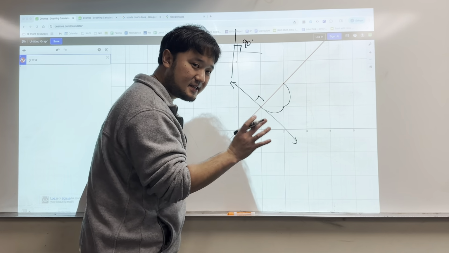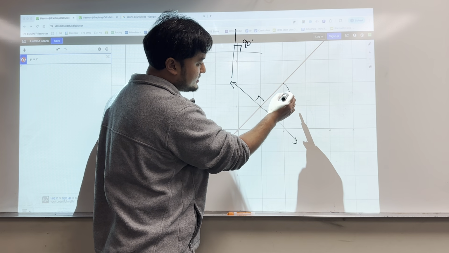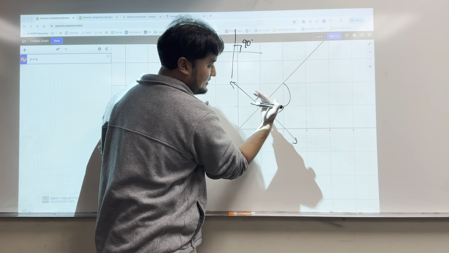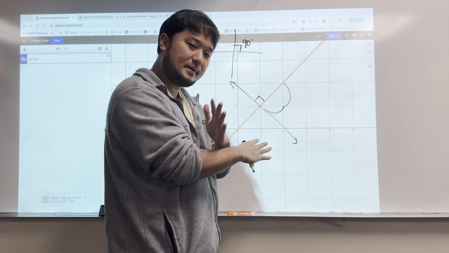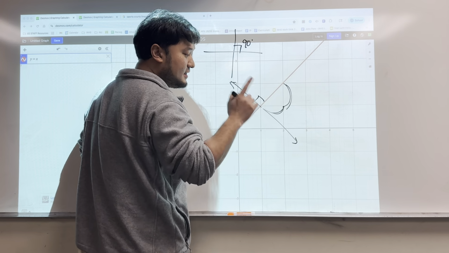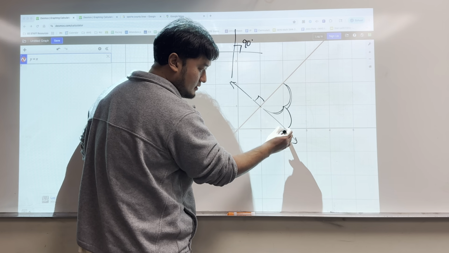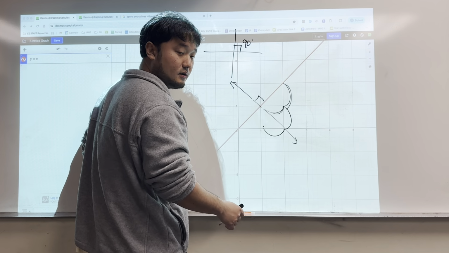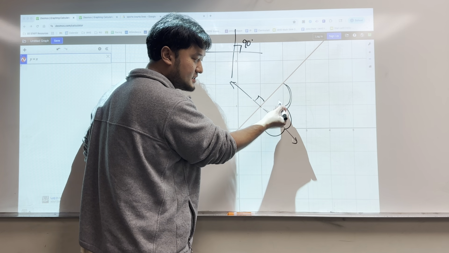You can kind of see that the slope for this line and this line is opposite. It is in an opposite relationship. It's rise over run for this line, so then it will be rise over run for this line as well. It's just that for this line, it happens to be not a rise but a drop.